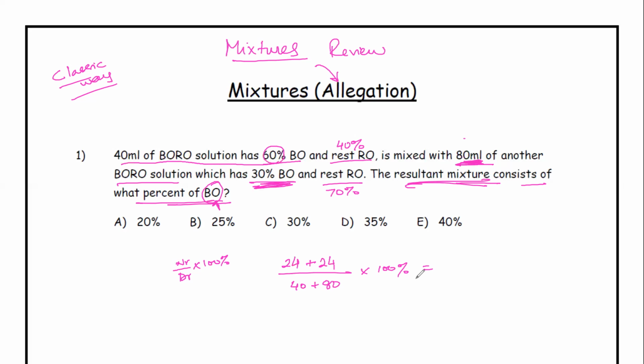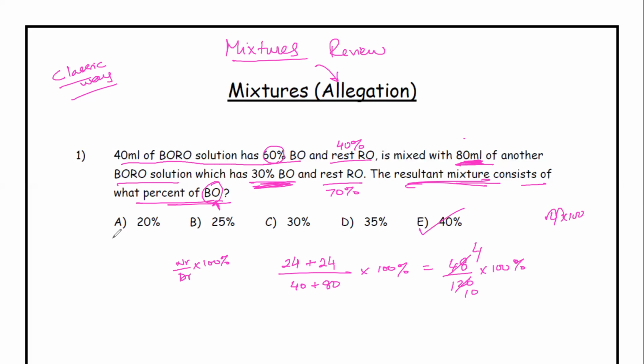So what we have is 48 over 120 into 100%. That is 4 by 10, 0.4 into 100, that's 40%.